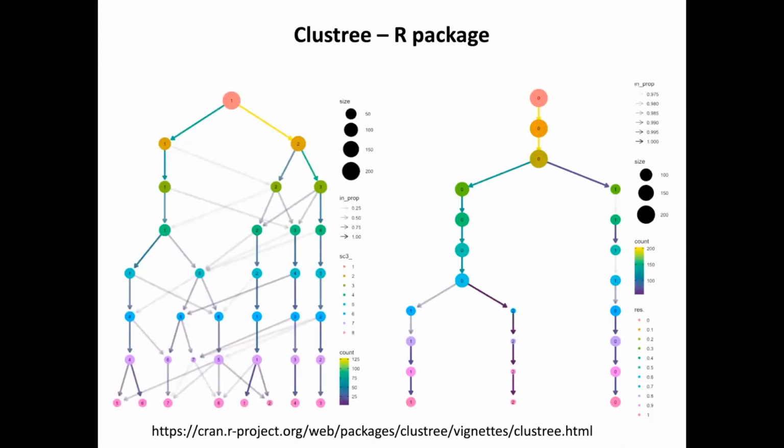And one nice tool to look at this is actually the Clustree package. What it does is basically, in this case, testing with different resolutions or different settings. This is in Seurat. So if we increase resolution a bit, this one splits into 2 clusters.